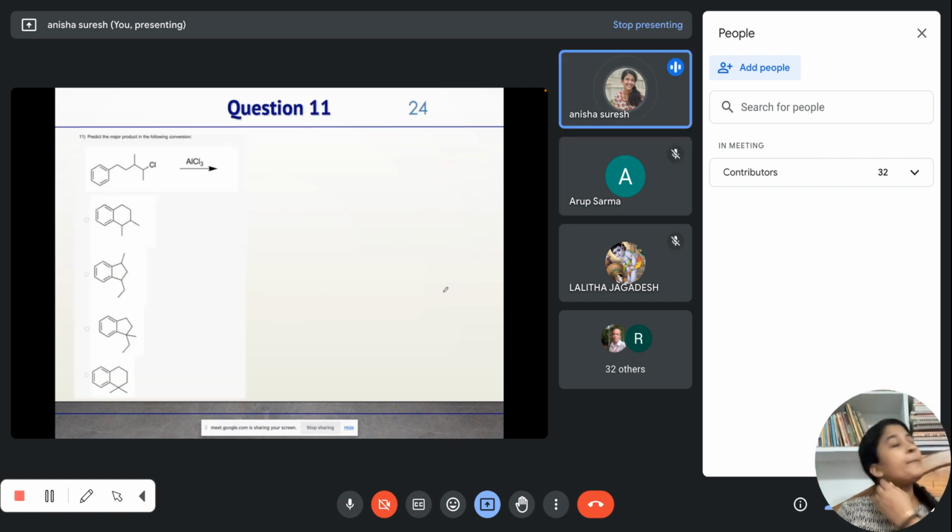So if the question is like you can write what are the possible structures that are formed in this reaction, you can write both A and option C. But here they have asked for the major product in the following conversion. So the correct option will be option C. Anyone having any doubt regarding this question?